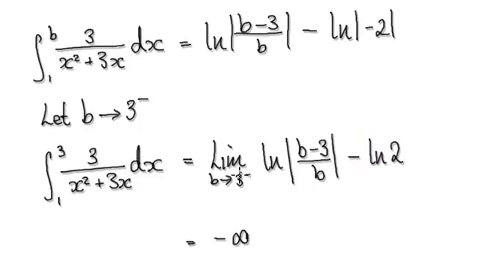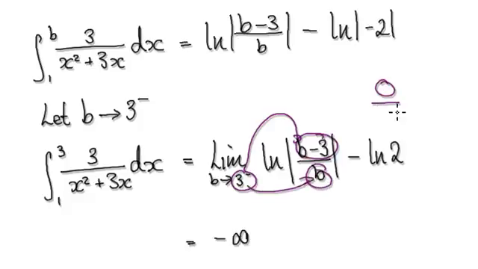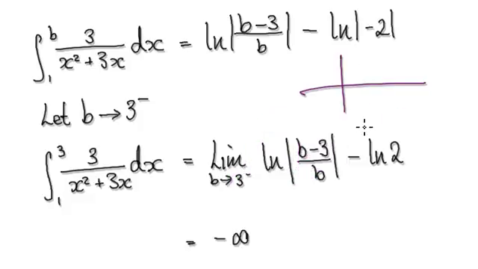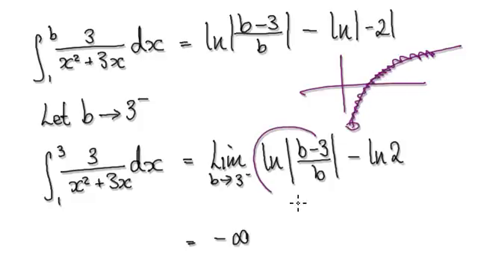Now, as B heads towards 3 from the left hand side, this thing here will head towards 0, because as you head towards 3, 0 over 3 is going to be 0. So if you look at the natural log graph, as you're heading towards 0, this whole thing here will head towards negative infinity.